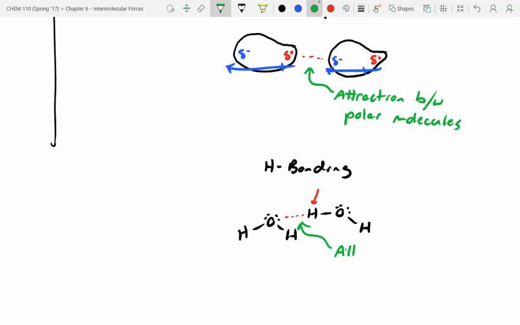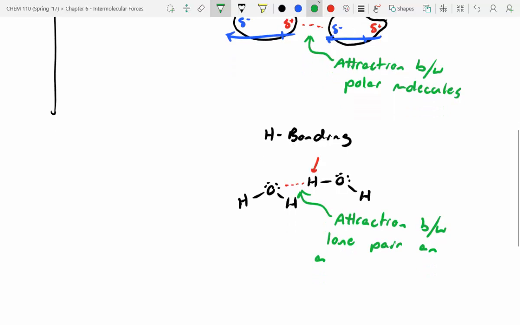So it's an attraction between a lone pair and a hydrogen that is bonded to fluorine, oxygen, or nitrogen.